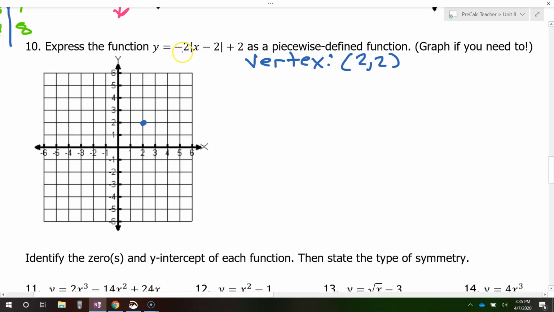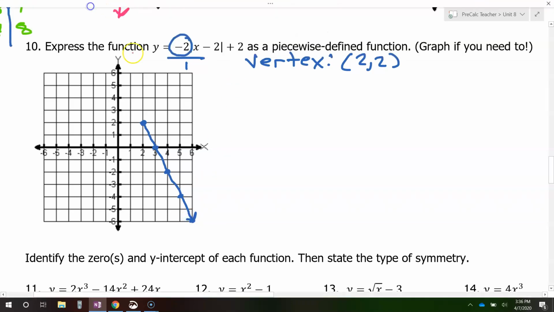Now because the slope is, looking at this negative 2 right here, that gives me the slope of the right-hand side of the v, basically. So this says down 2 over 1. So from the vertex, I'm going to go down 2 over 1. All right, so that is going to give me the right-hand side of this absolute value function.